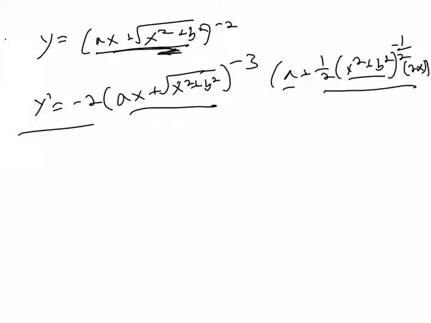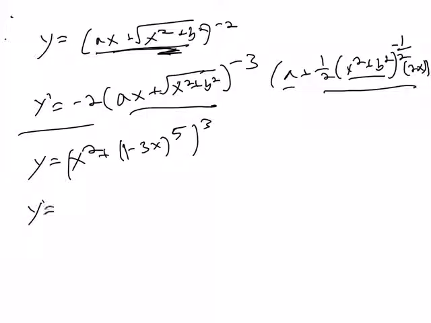Problem 39. y is equal to x squared plus 1 minus 3x to the 5th power, and all this now is to the 3rd power.